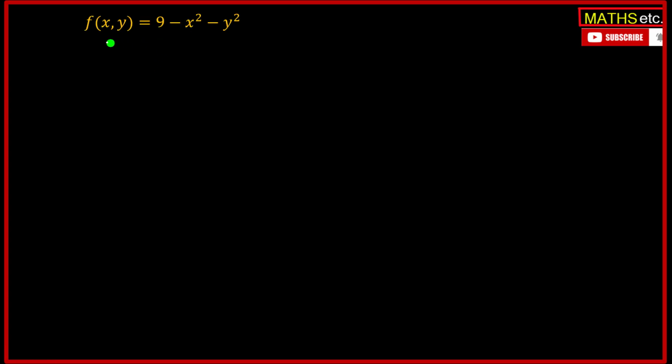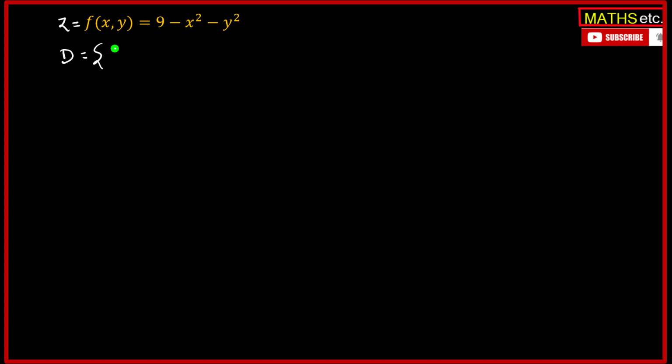So the functional rule for this function of two variables is f equals 9 minus x squared minus y squared. Let it be equal to z. Let D be the domain of this function of two variables.